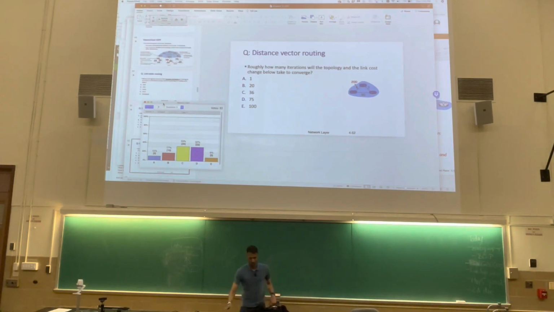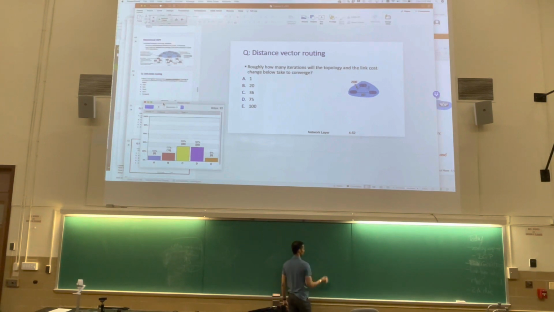What is X's distance vector in the beginning? Let's say X is node 1, Y is the second node, Z is the third node. Those are the indexes in your distance vector.